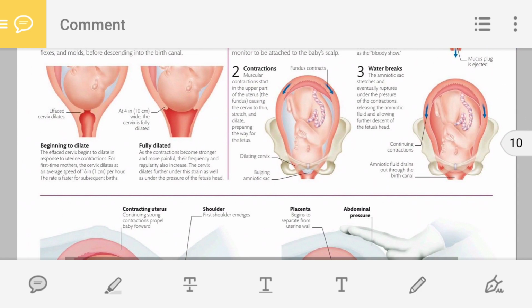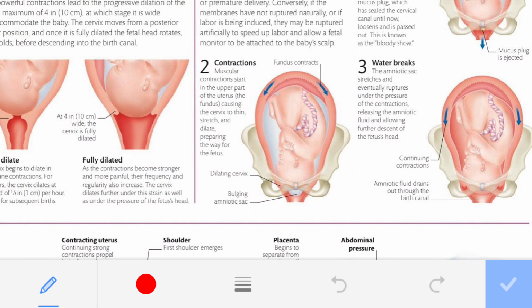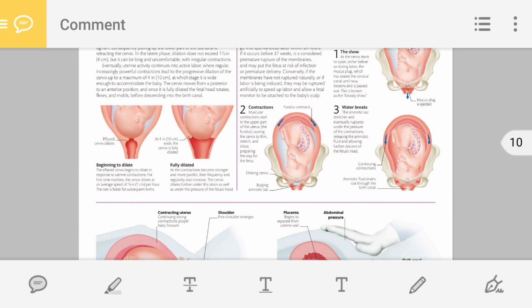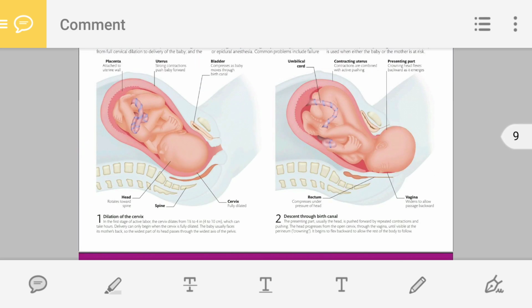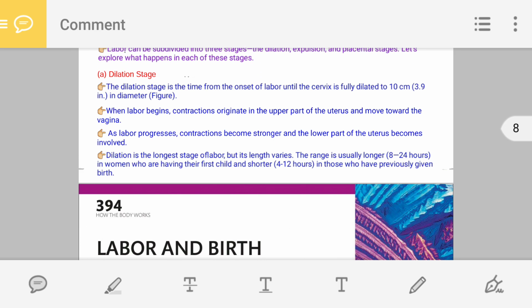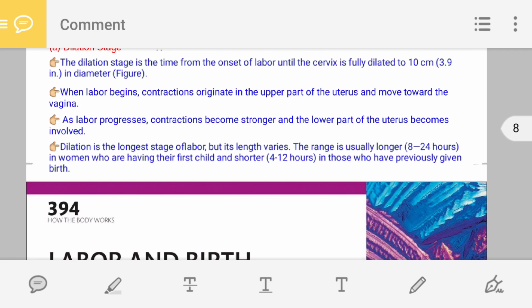As you can see here with the blue arrows, here the contraction has started and these contractions are moving towards the vagina. As you can see over here, this is the direction of the uterine contraction. So on the upper part the contractions start and they move towards the vagina.